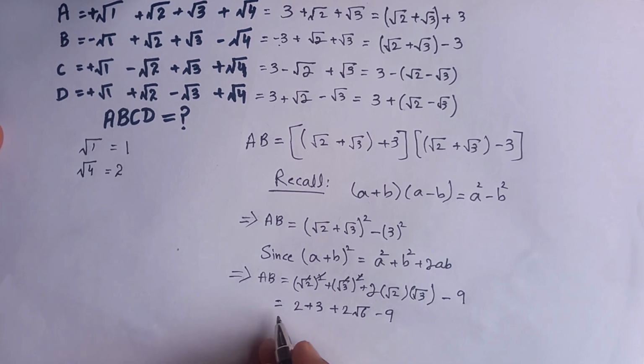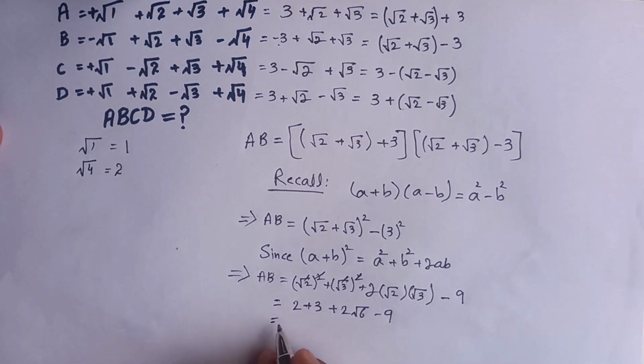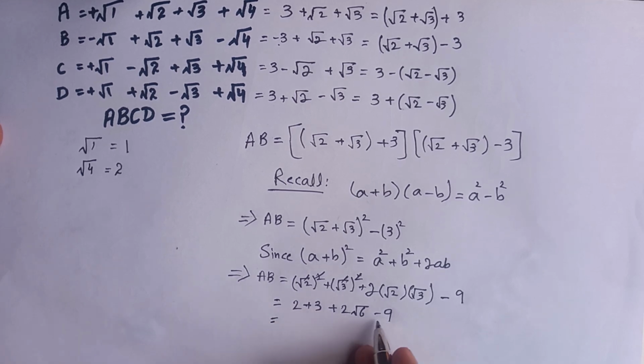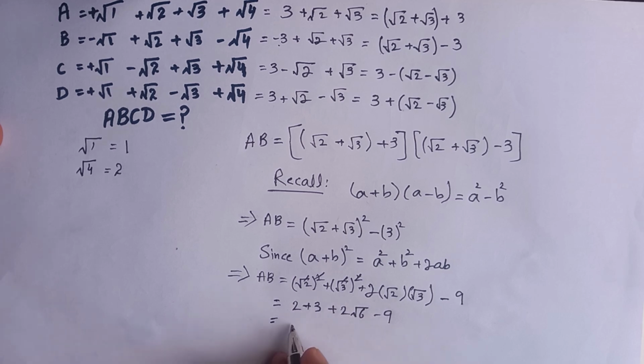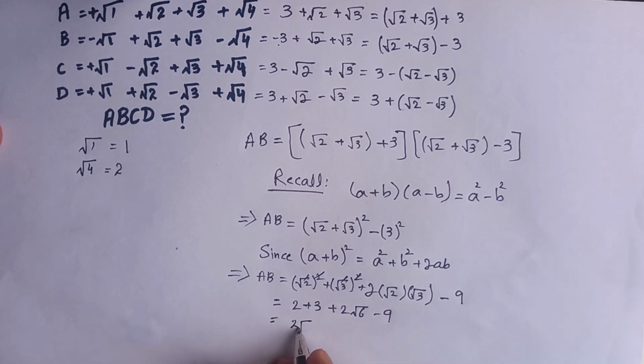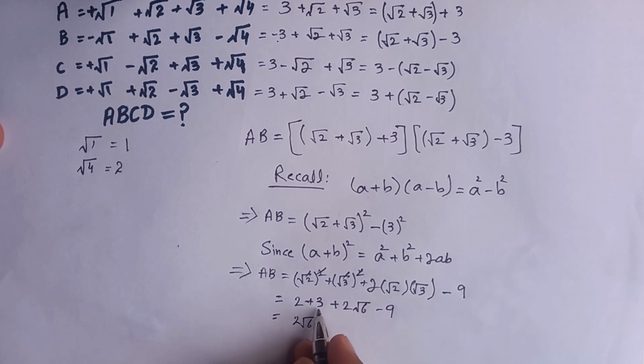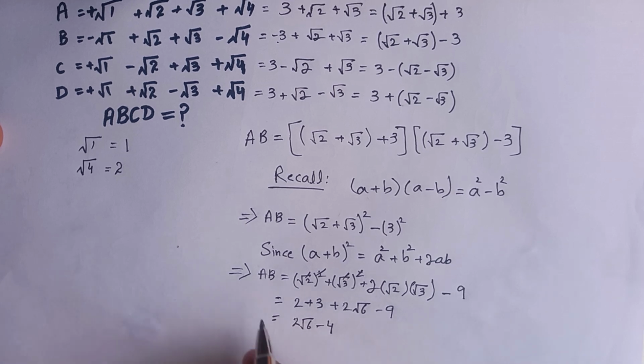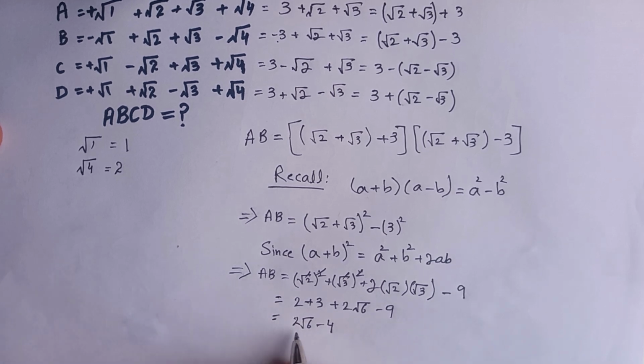So 2 plus 3 is 5, 5 minus 9 is minus 4. So we get 2 square root 6 minus 4. So the value of the product ab is 2 square root 6 minus 4.